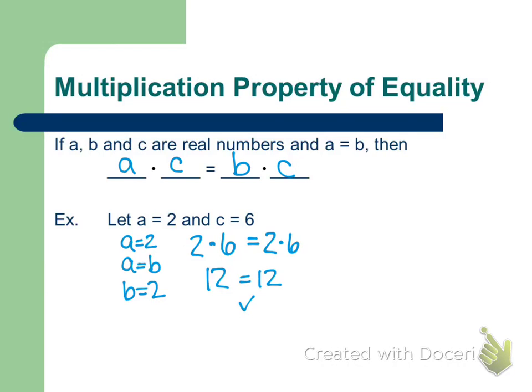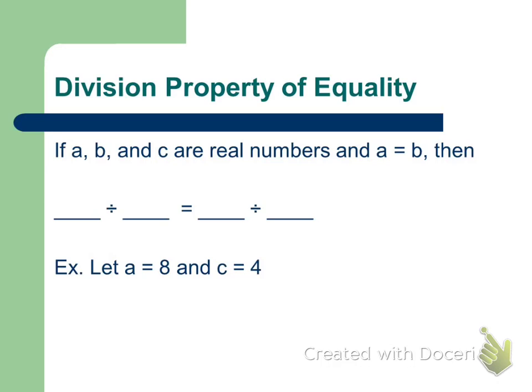Again, I don't think this is a new concept to any of us, but it's a skill we have to have, so here we go. The other property is the division property of equality. Again, a, b, and c are real numbers, and a is equal to b. Then we can take a divided by c, and that is the same as b divided by c.